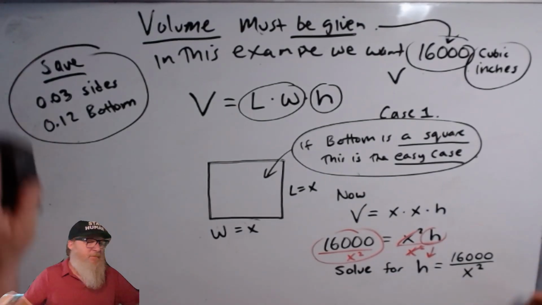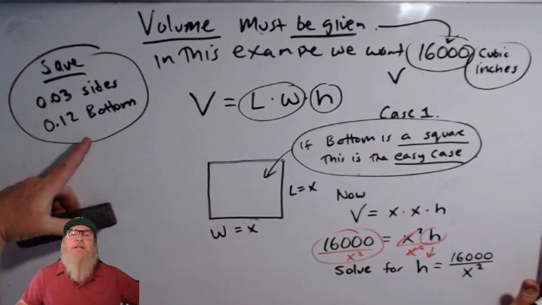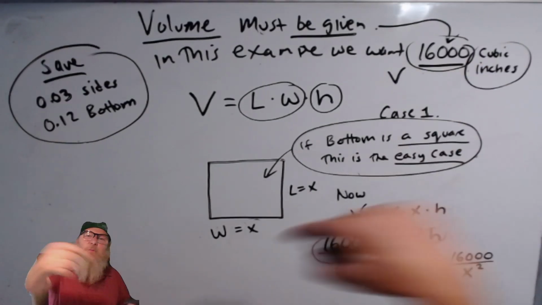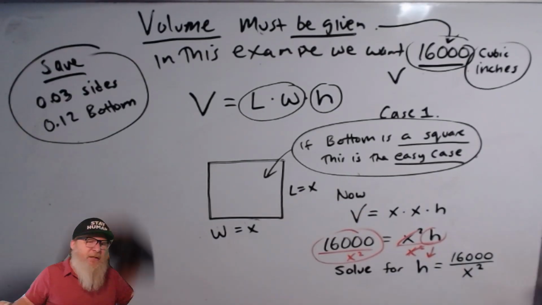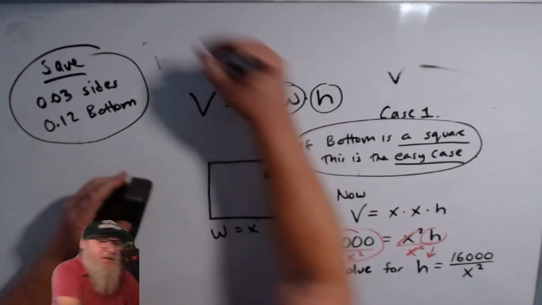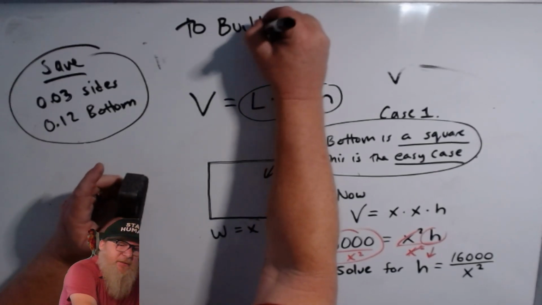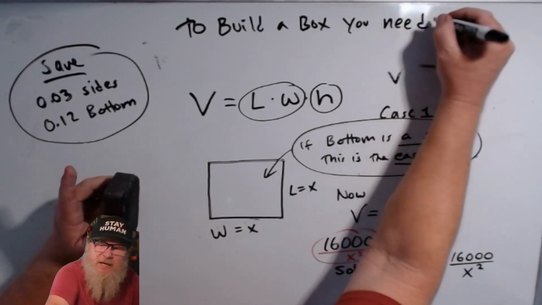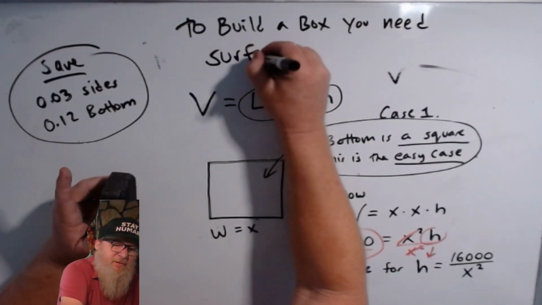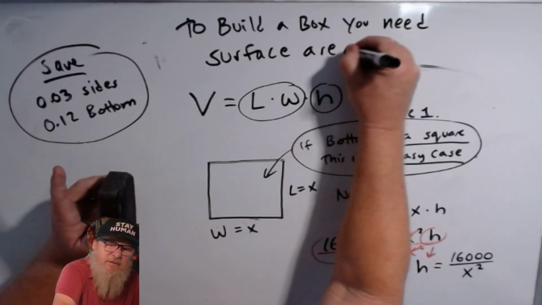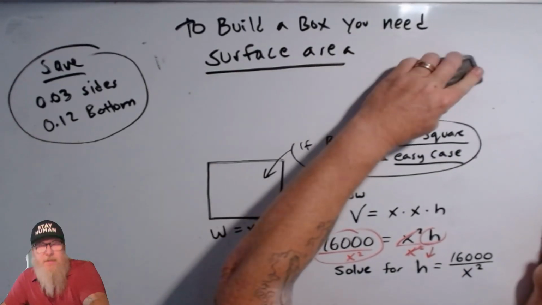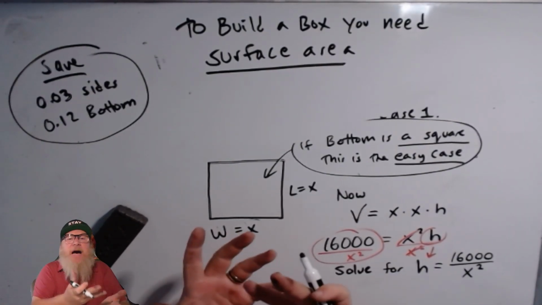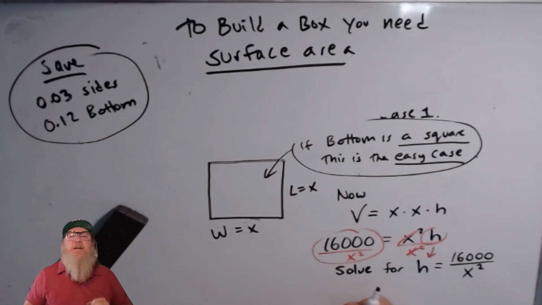But remember, we're building the box, right? We're not filling it yet. The volume is actually what goes inside the box after you've built it. To build a box, you need the surface area. Right? All of those sides and the bottom have a surface area.